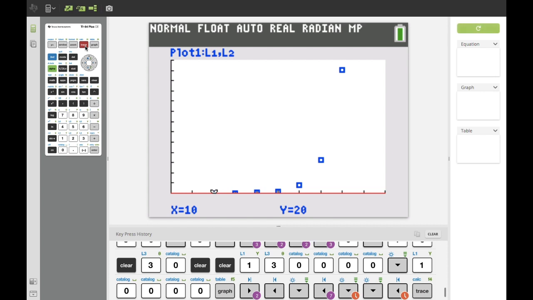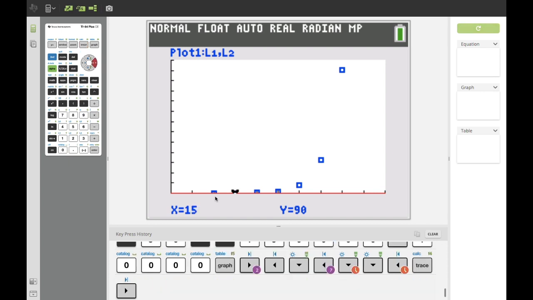When you click on trace, you can check if the points are plotted correctly. So this is 10, 20, 15, 90, 20, 403, just to check if it's correct or not. 25, 1806, 30, 8070, 35, 32667, and 40, 120,146.